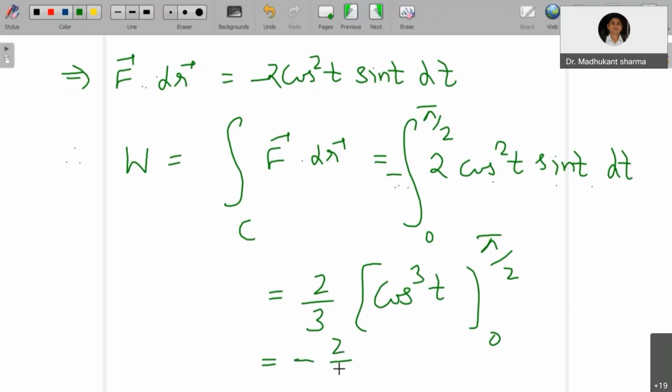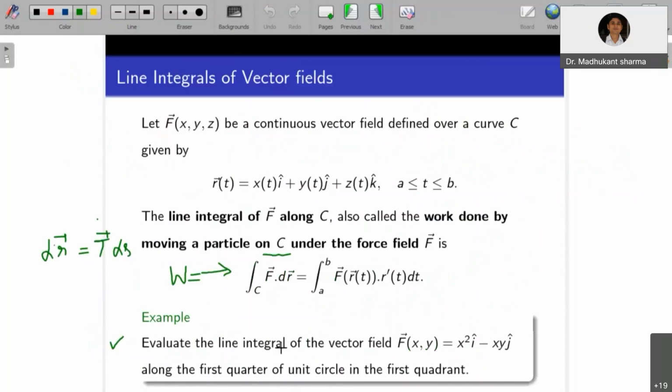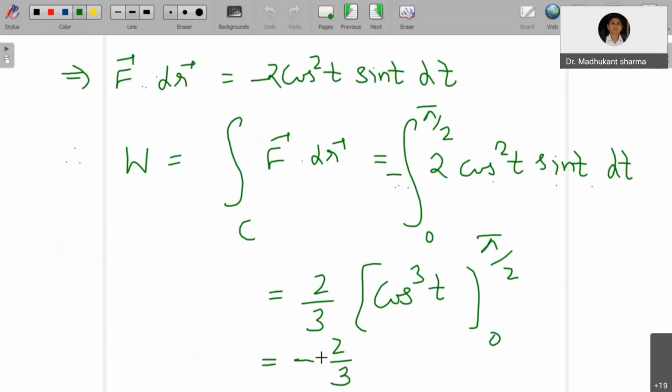So the line integral of this vector field is minus 2 by 3. This is the final value.